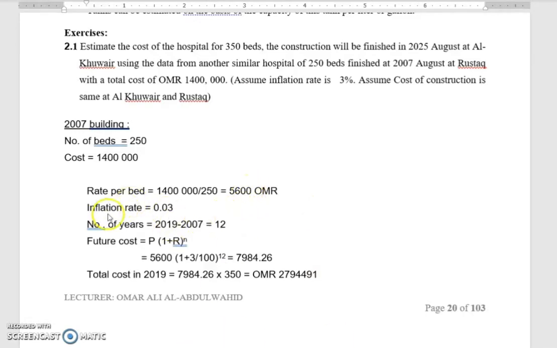Now the inflation rate is 3%, and we need the number of years, the difference between this year and that year.